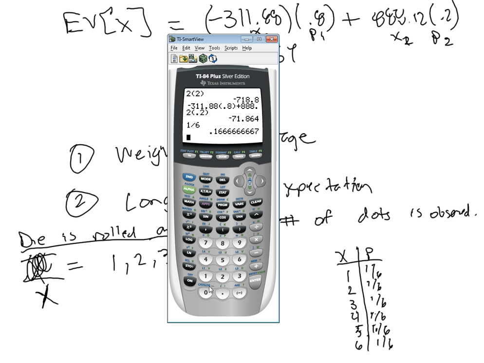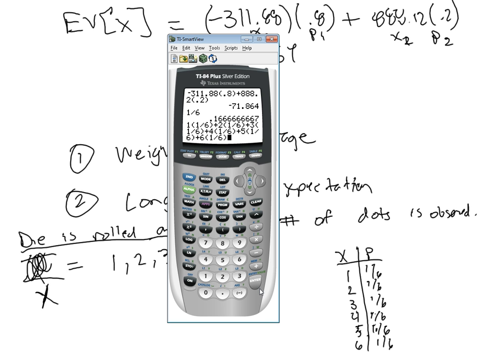Let's just do the value 1 times 1/6 plus 2 times 1/6 plus 3 times 1/6 plus 4 times 1/6 plus 5 times 1/6 plus 6 times 1/6.